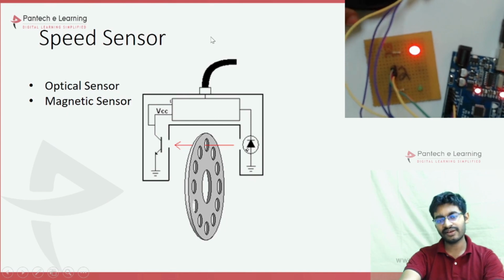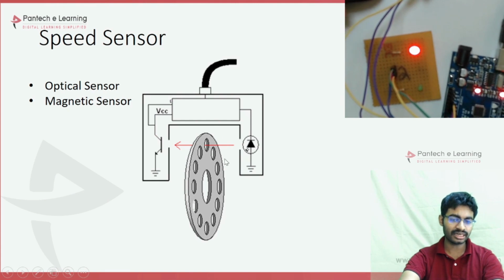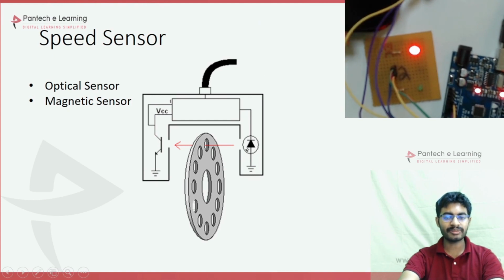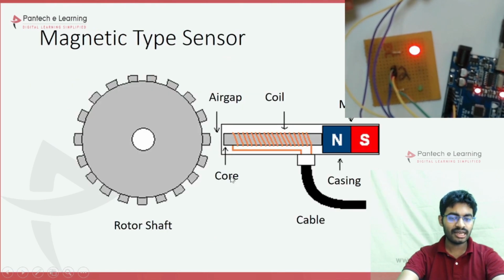Here also we have three pins: D0, VCC and ground. VCC goes to the power supply, ground to ground, and D0 to any digital pin. Once it starts rotating, the speed is monitored or the steps are counted, and we can display it on an odometer. This is the optical sensor circuit, and this is the magnetic type sensor circuit.